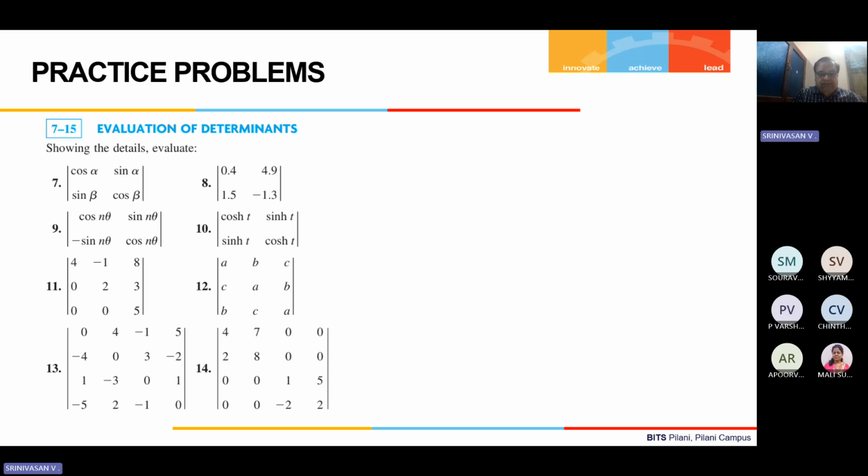every element of the determinant is multiplied by 2. Minus 2, 4, 8, minus 6, 10, 4, then 12, 2, 0.